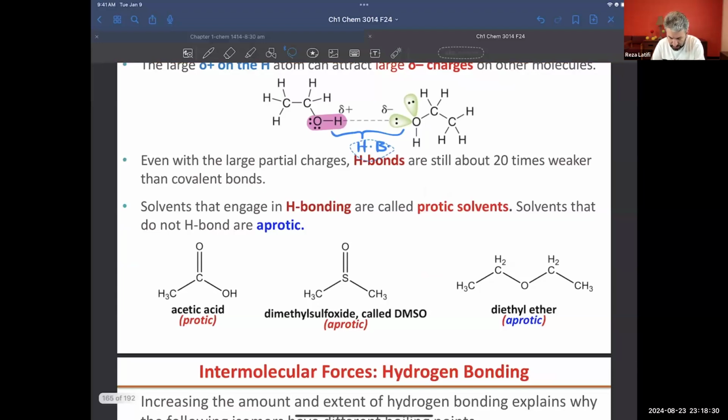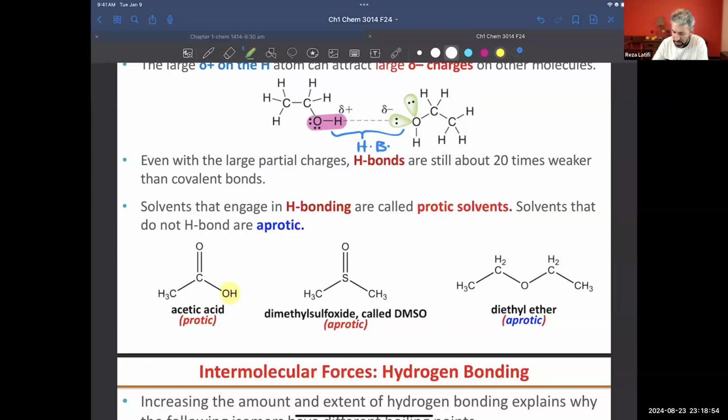Another thing that I want to mention here is protic versus aprotic solvent. A protic solvent is a molecule that has acidic H attached to an electronegative element. And if you have H attached to an electronegative element, you will have polarity.